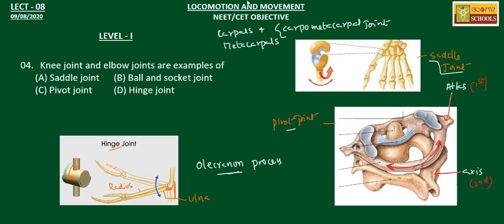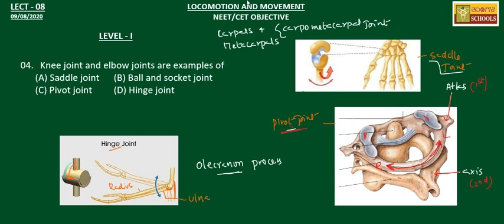This pivot joint will help the movement to left and right to certain extents, not beyond that. Of course, these are the points where the occipital condyles of the skull will sit on. So this is the pivot joint here.